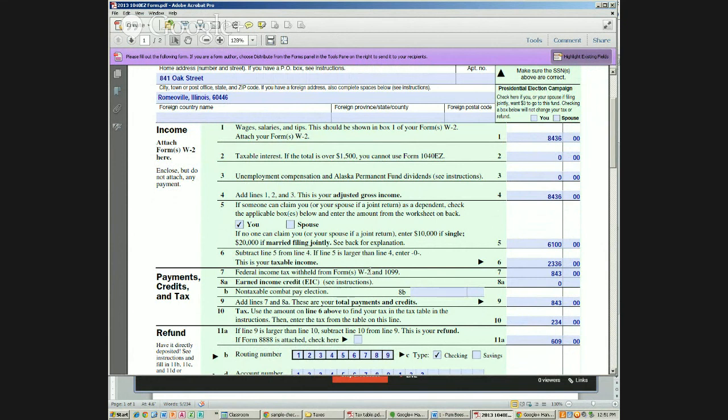Alonzo, you know? If line 1 was $5,800, Melissa, what would line 10 say?